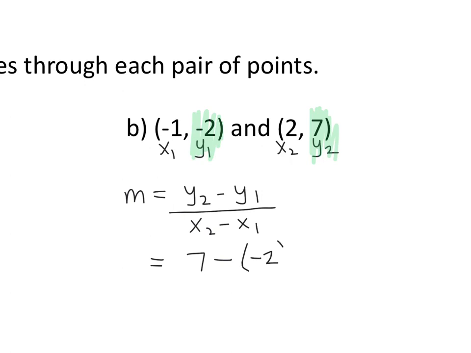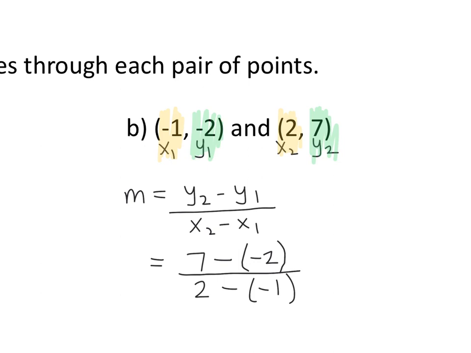My y1 is a -2, so I'm going to put in -2, but I'm also going to put brackets around it. I'm going to put in the bar, and then repeat with my x values. My x2 value is 2, minus my x1 value, which is -1. Again, same thing, I'm going to put -1 inside brackets.